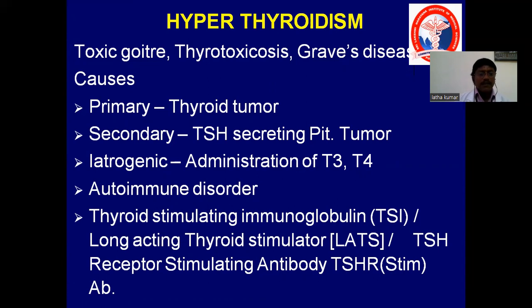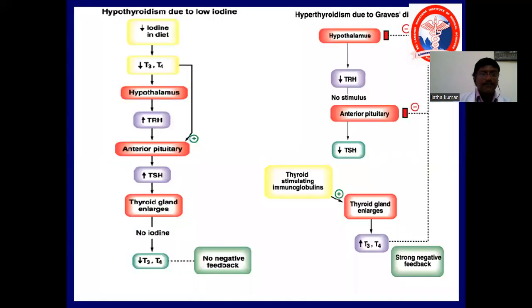And as I already told, autoimmune disorders may also be a reason for hyperthyroidism as well as hypothyroidism. And thyroid stimulating immunoglobulin, TSI, long-acting thyroid stimulator, LATS, and thyroid receptor stimulating antibody, TSHR stimulating antibody. These are the causes of hyperthyroidism.